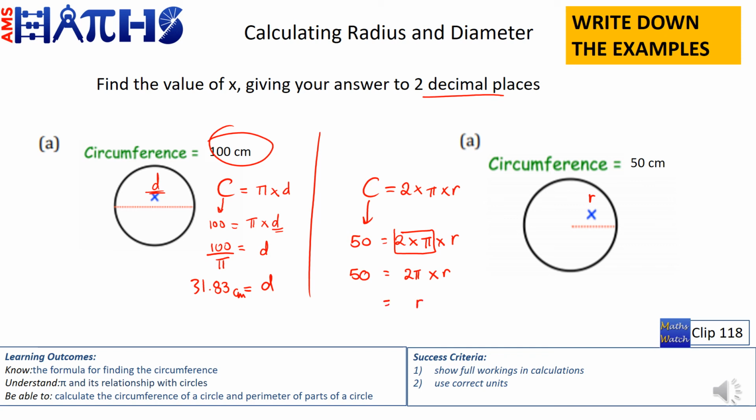So to get our radius, it's going to be 50 divided by 2 pi, right? And when we put that in our calculators, we will end up with the radius being equal to 7.96 centimeters, written to 2 decimal places.